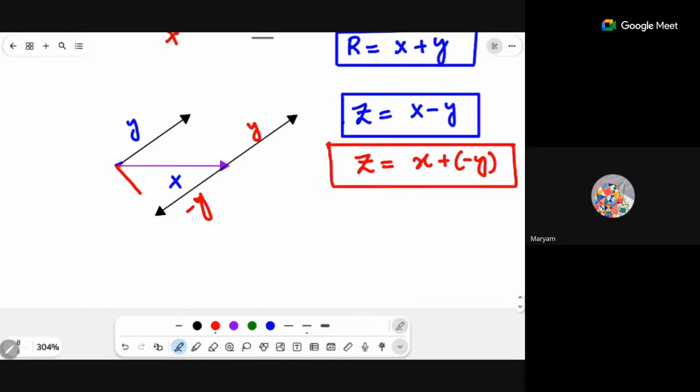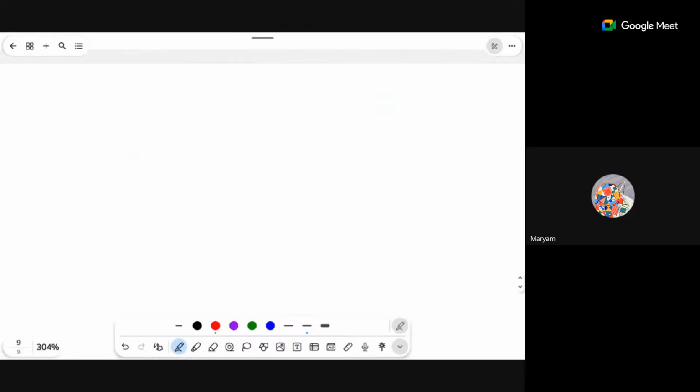Here is vector z, which is basically the resultant of x and negative of y. Is it clear now? The rest I will just throw away. I will just give this direction to my x and y.